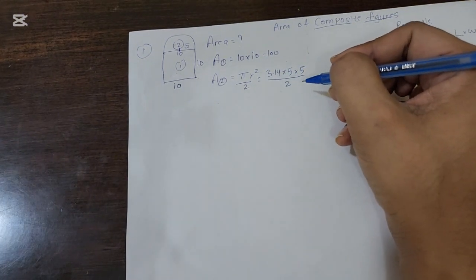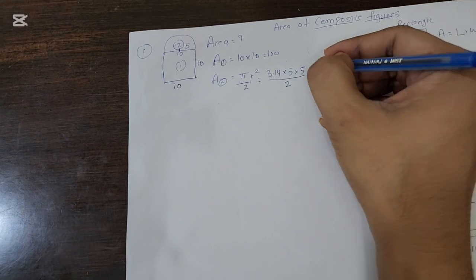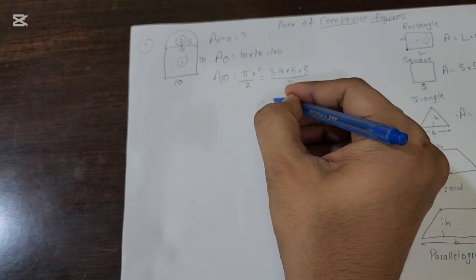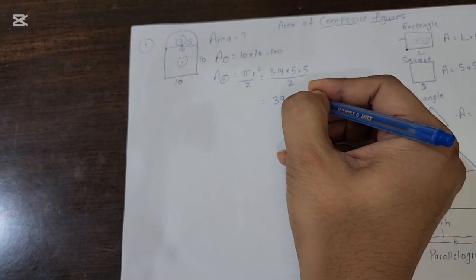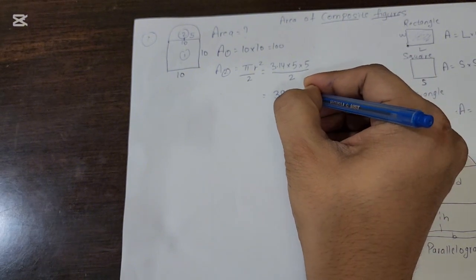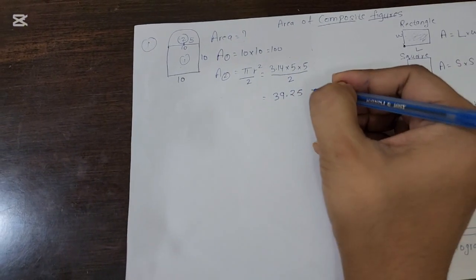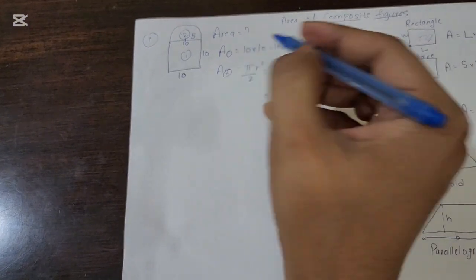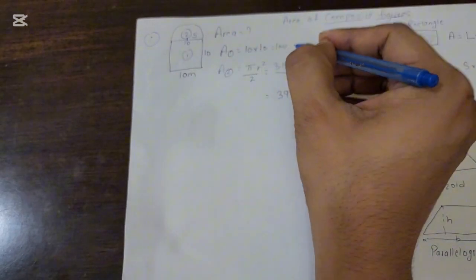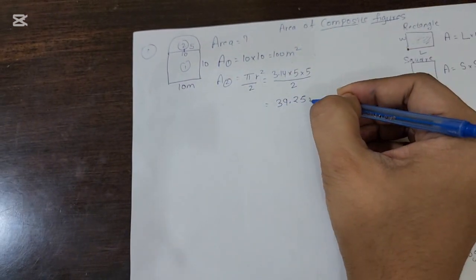Okay, so if I solve this, I will get around 39.25. Okay, I haven't put the unit, so if this is meter, then this will become meter square, this will also become meter square.